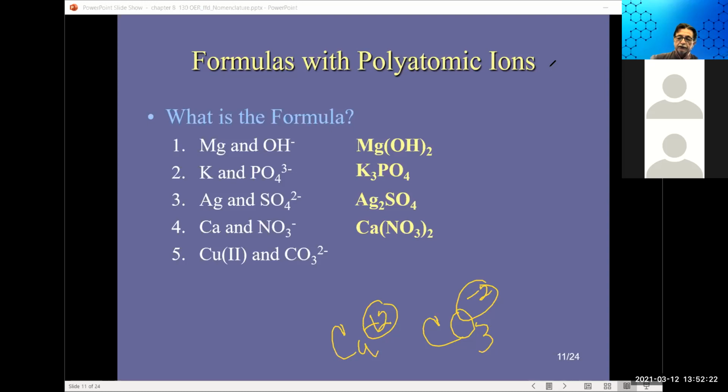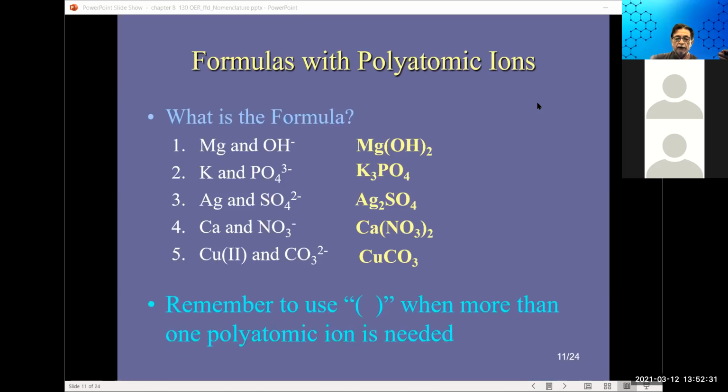So its formula is CuCO3. Okay. So the point here to remember: when you need more than one polyatomic ion, you use the parentheses.